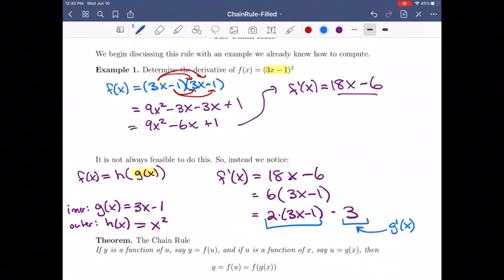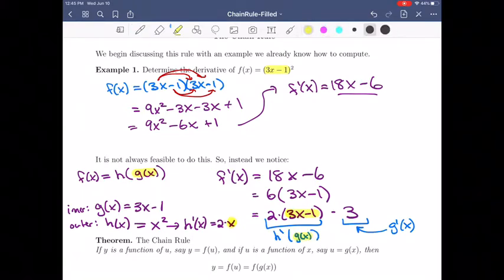This other part is a little bit harder to see. If we look at h of x, h prime of x is 2 times x. If I think about this x as also subbing in 3x minus 1 for that x, this part is actually h prime evaluated at our inner function, g of x.